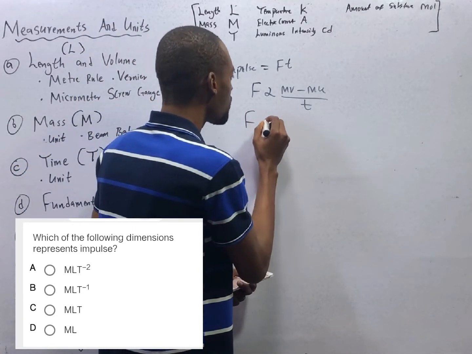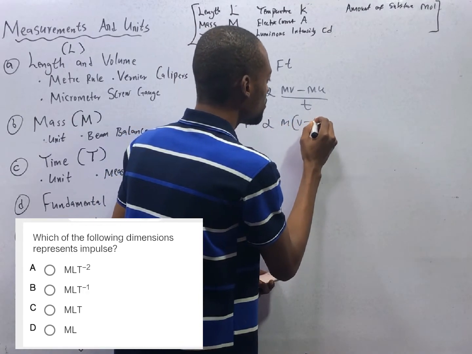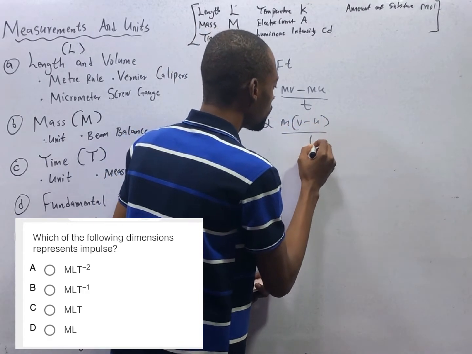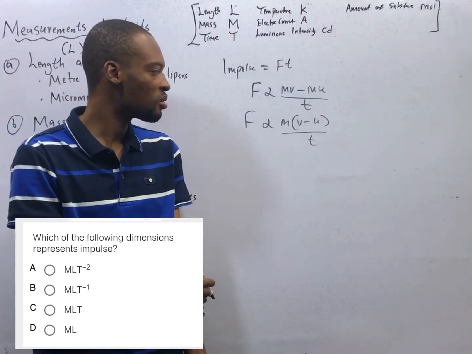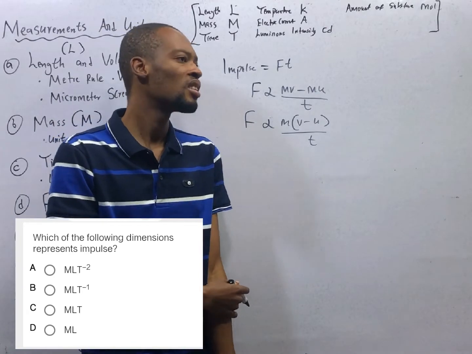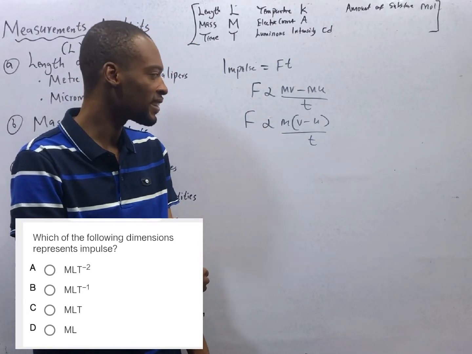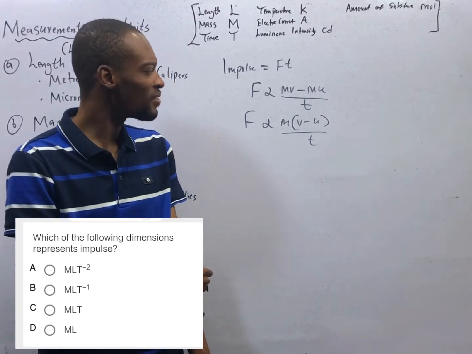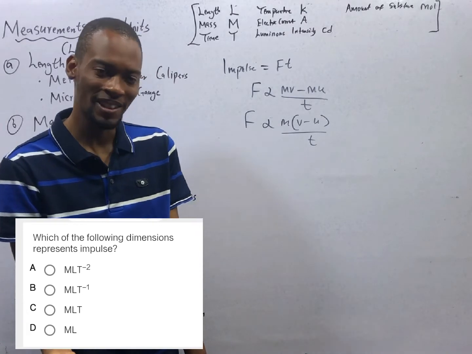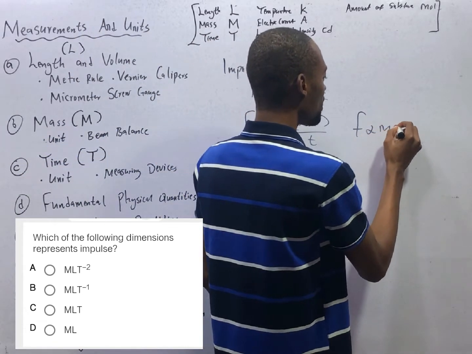We say force is mv minus u over time. Now, what is final velocity minus initial velocity over time? Or what is change in velocity over time? Change in velocity over time is acceleration, which means force is proportional to ma.